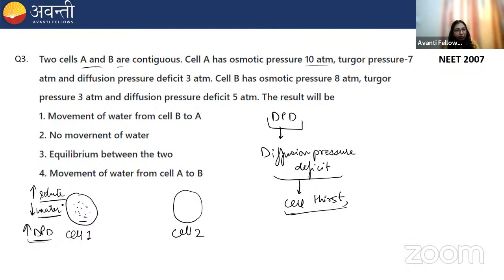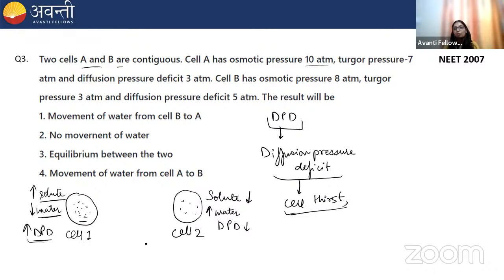Sorry for the interruption, students. So next is cell number 2. Cell number 2 has a very low solute. If the solute is low, that means the water will be high. If the cell already has water, cell thirst will be low, right? So in this case, DPD will be low.